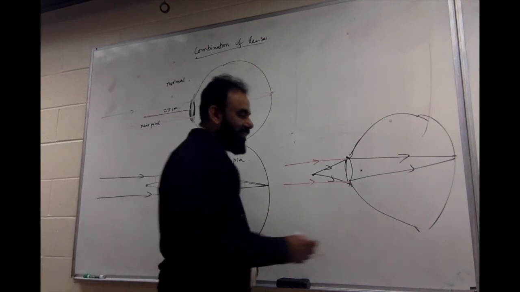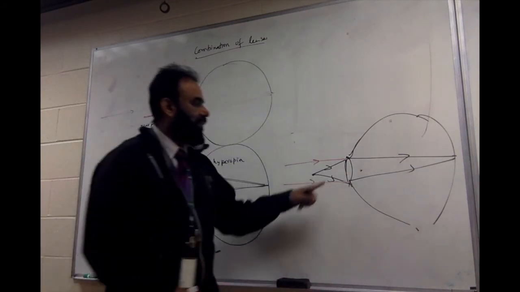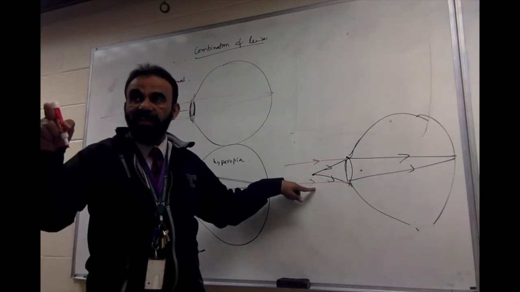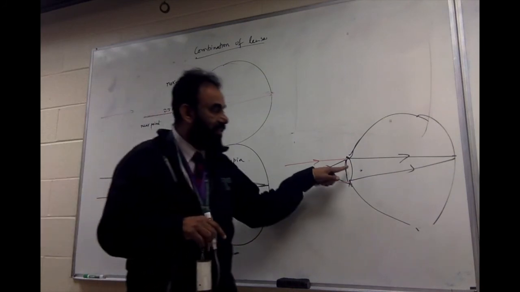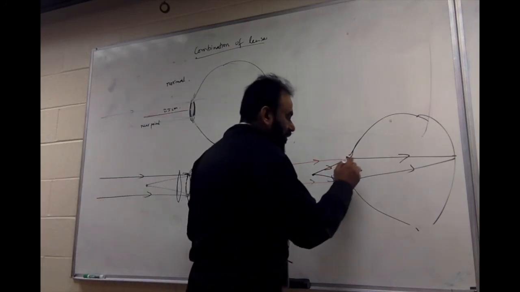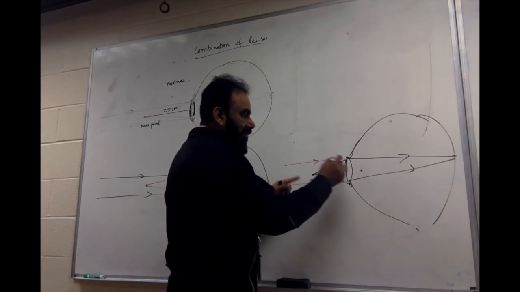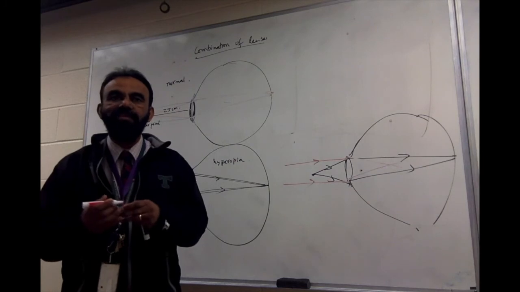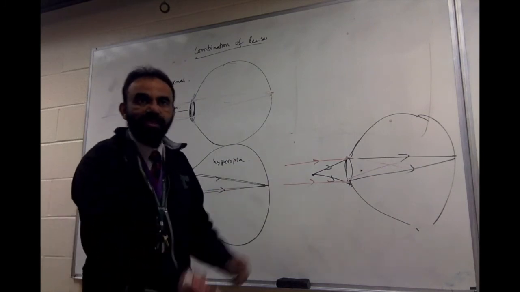Your lens is not able to diverge enough. And since it's not able to diverge enough, these will get focused here earlier. So you lose focus.